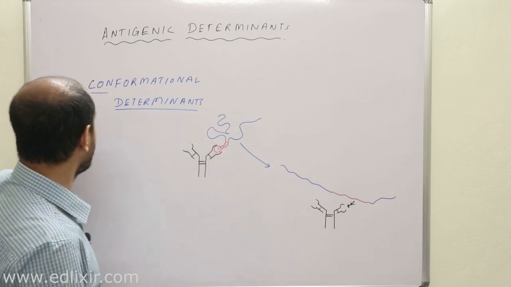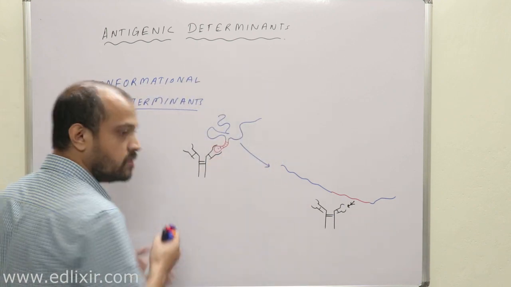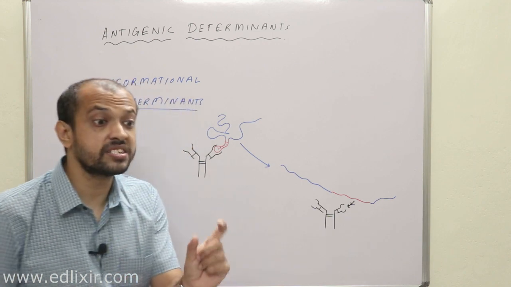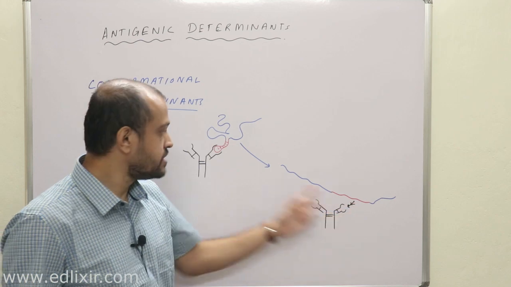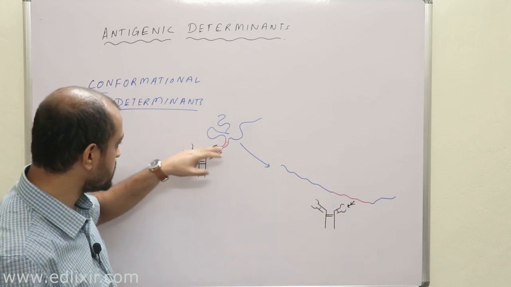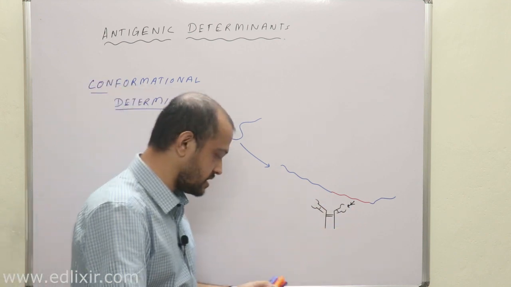That means this is called conformational determinant. This particular site will be antigenic when its conformation is intact. But if you disrupt the conformation, then the conformational determinants of this particular area which make it antigenic will be destroyed. Okay. Now listen with all your attention.